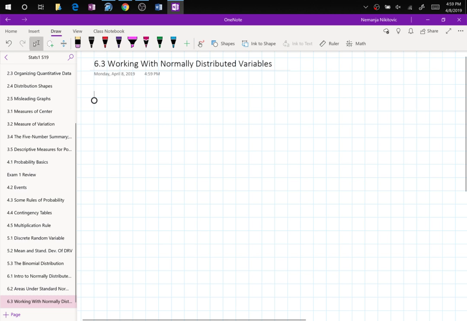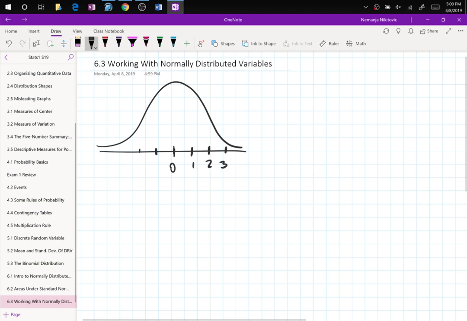We are going to now work with normally distributed variables, which means just word problems to apply calculations from our last section. So we talked about IQ in the first lesson, and now that we know ways to compute things, we can take a look at normally distributed IQ with 3 standard deviations to the right and 3 standard deviations to the left.